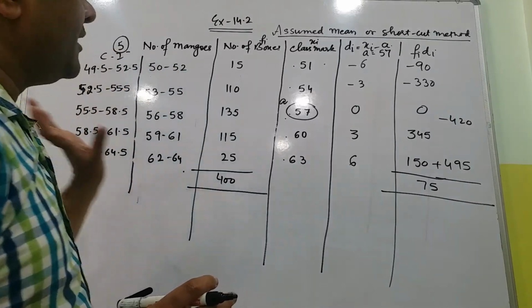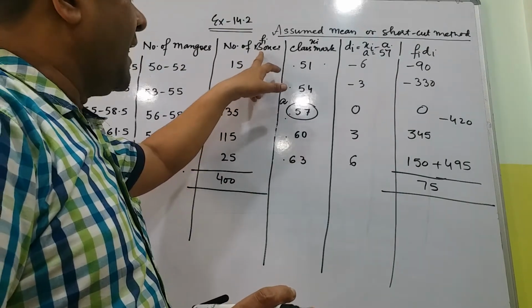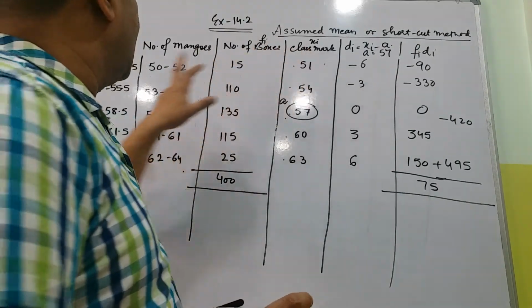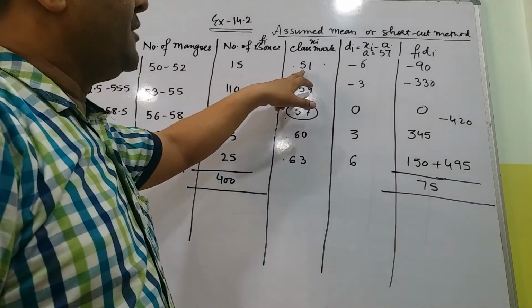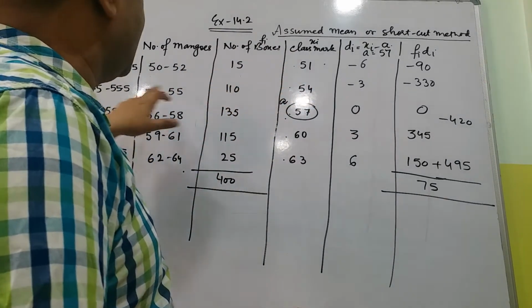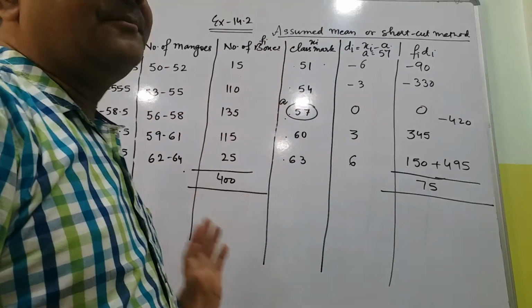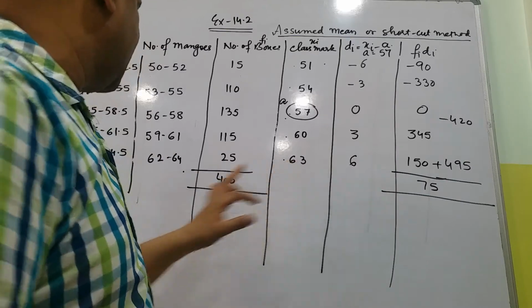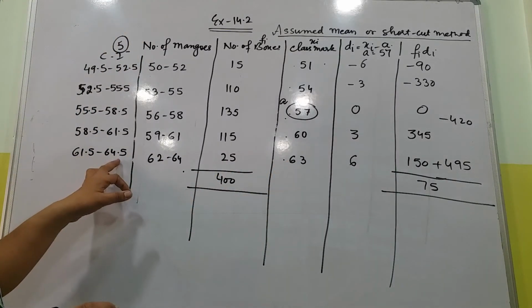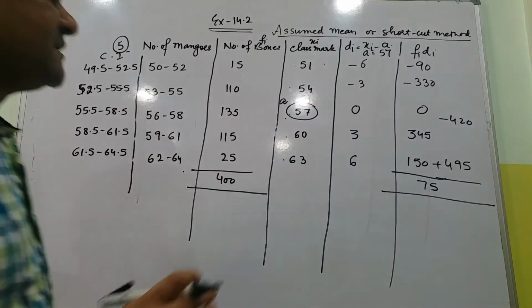Then we write frequency fi and class mark xi: lower limit plus upper limit divided by 2, we get 51 here. 53 plus 55, 108 over 2, 54. Since the gap is same, you keep the gap same, ultimately 63. You can check 61.5 and 64.5, this is 126 over 2, 63.